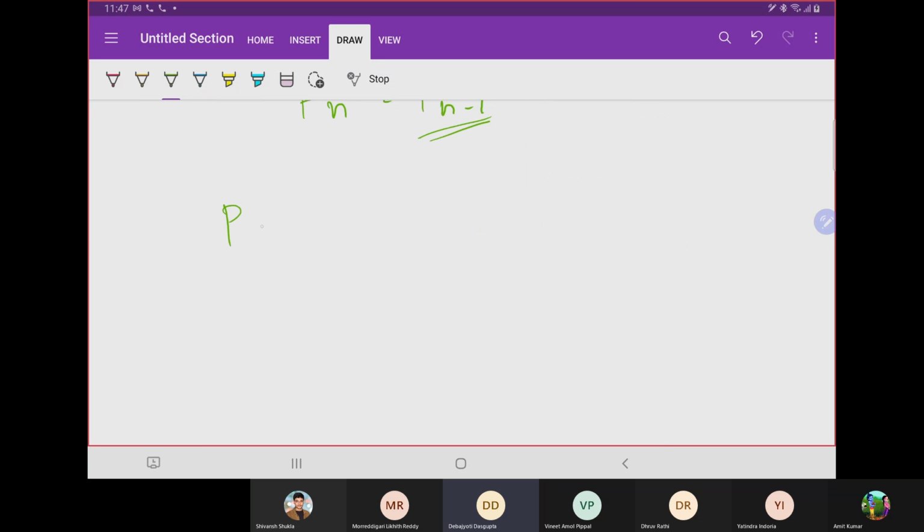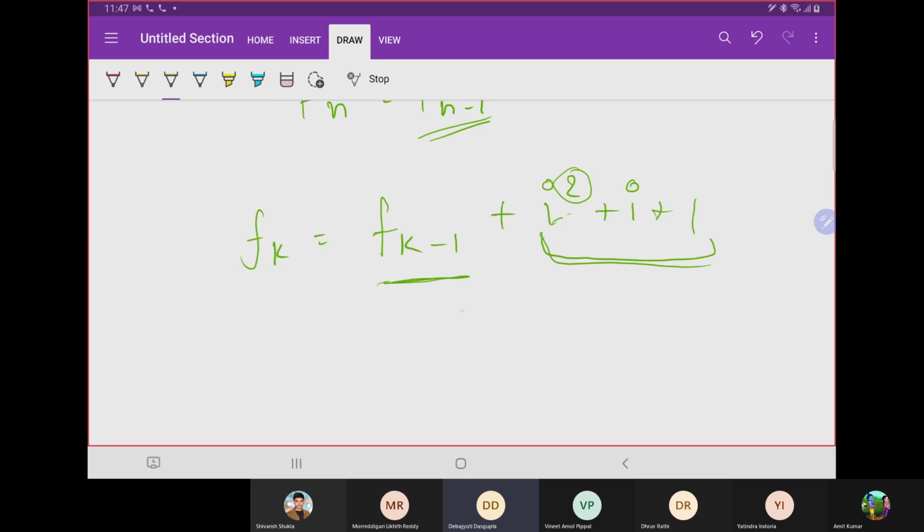Basically we are writing f of k equals f of k minus 1 plus i square plus i plus 1. So this is a polynomial in i, but this is still a linear recurrence. We are doing a square for the term i, not for the term that is a part of the recurrence. Hence, we can put this. This is still a linear recurrence, right?